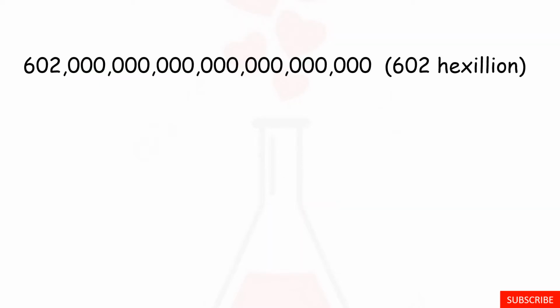602 hexillion is a very large number, to the extent that if you are carrying out a mathematical expression and you want to multiply it by a certain number, you may find yourself going back to count the number of zeros to ensure that they are 21, if not needing a very large piece of paper to calculate that given number.